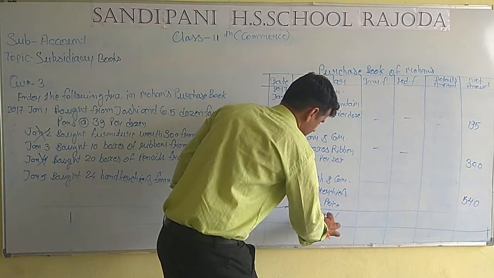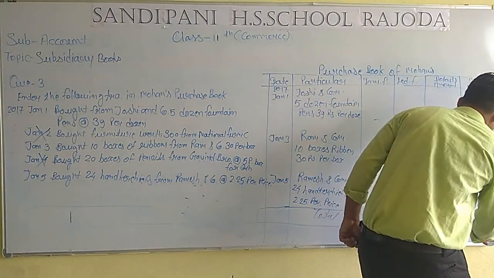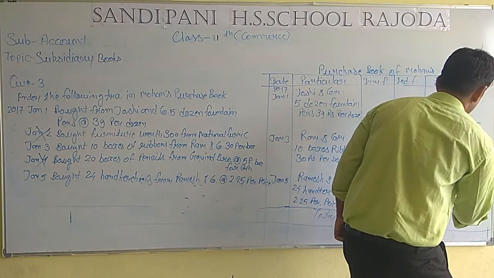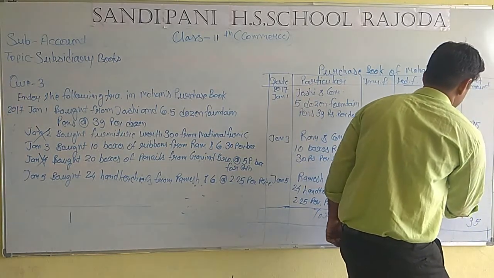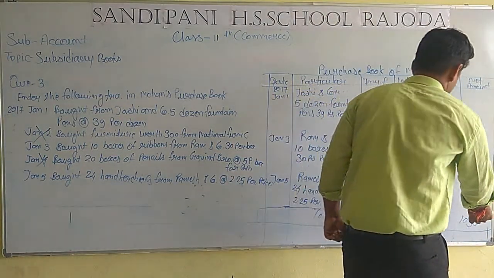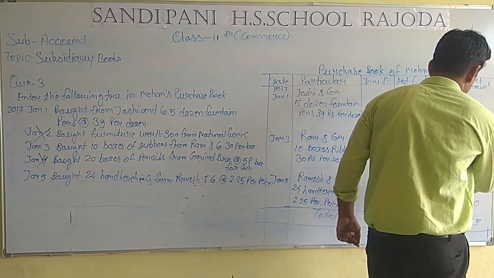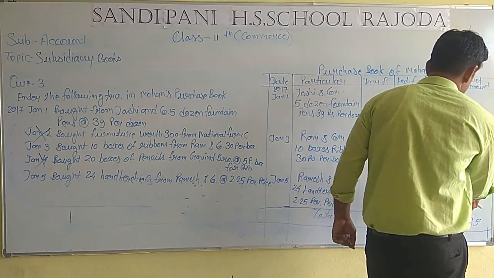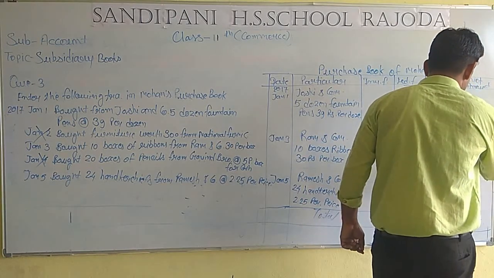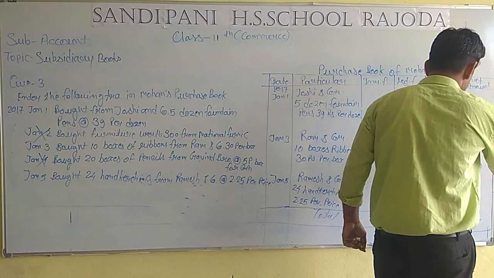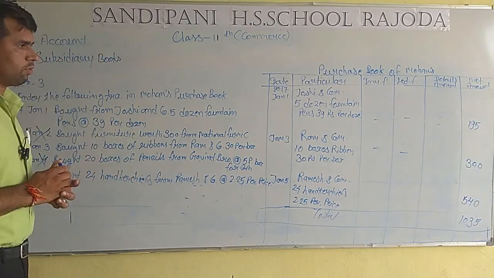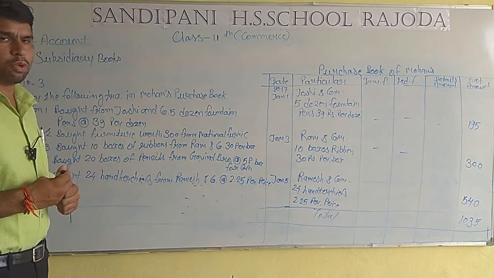So the total will be 1,035 rupees. Okay students, now we have completed the purchase book of Mohan.